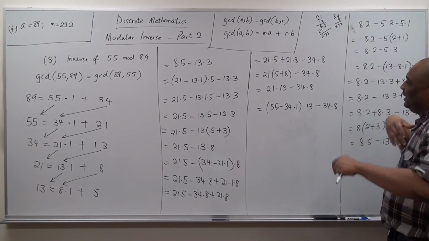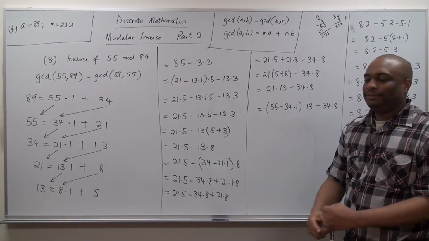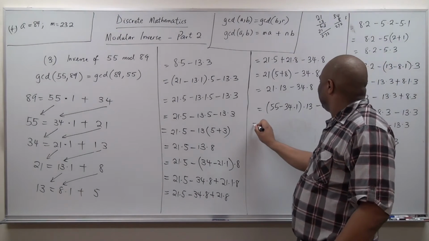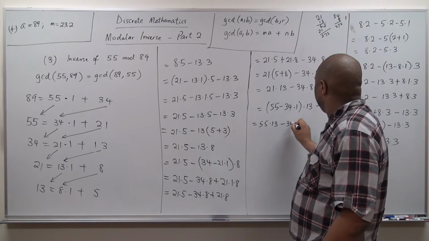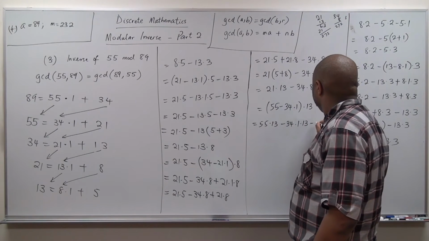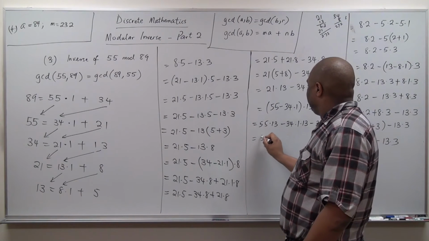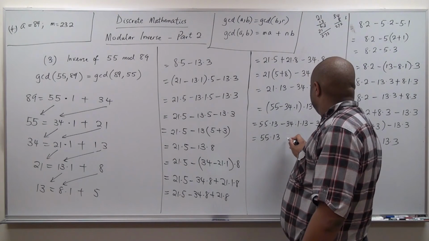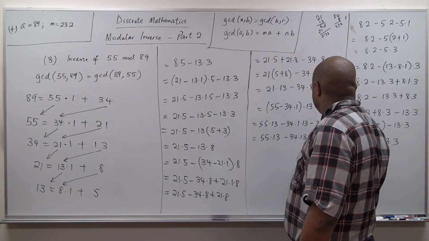It's a sequence, that's the interesting thing about it. So this is equal to 55 times 13 minus 34 times 1 times 13 minus 34 times 8. So this is 55 times 13 minus 34 times 13 minus 34 times 8.